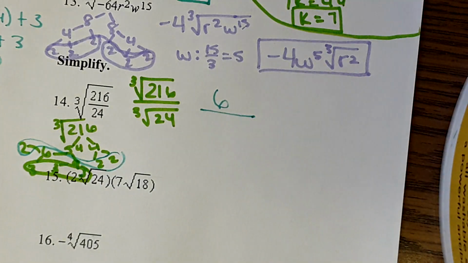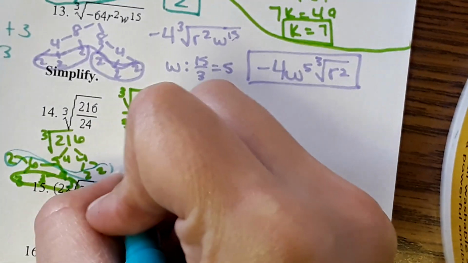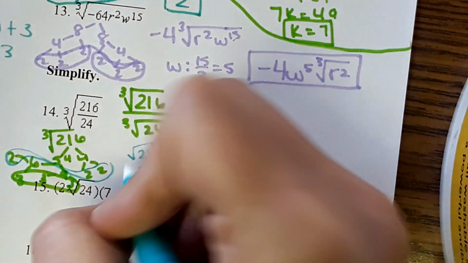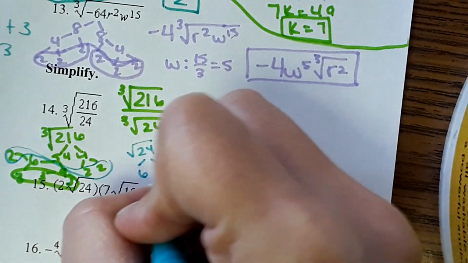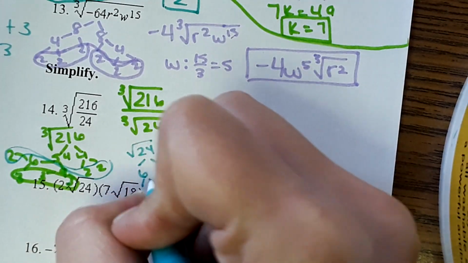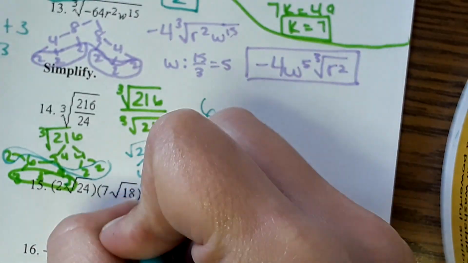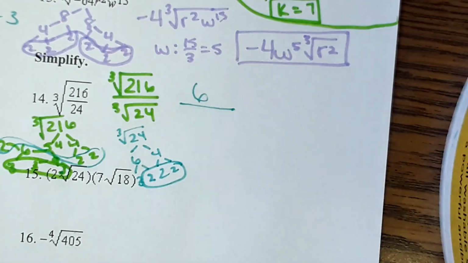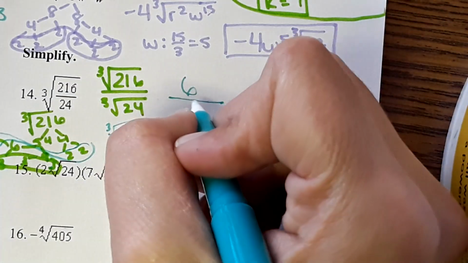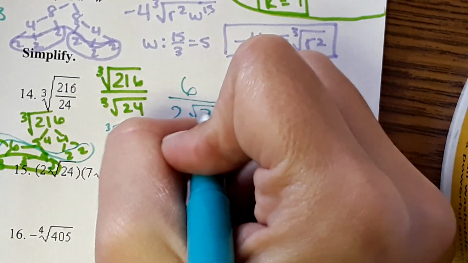Over. And then for 24, I'm going to try to break that up. Wow, it's blurry. There's 3 2's. So 2 square root of 3.